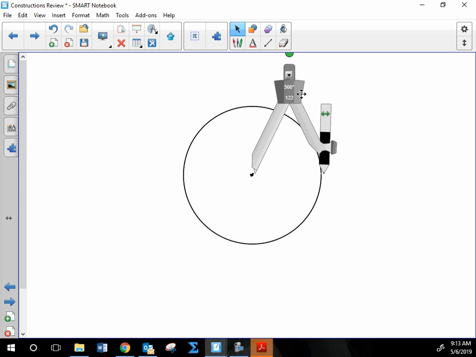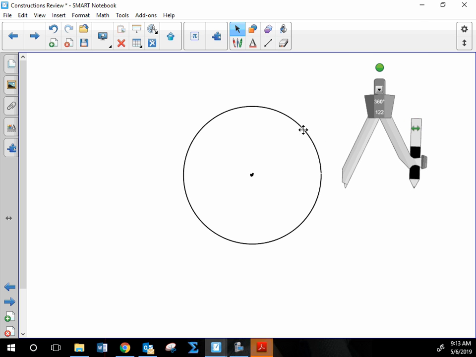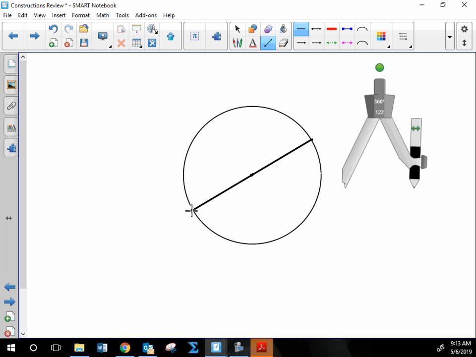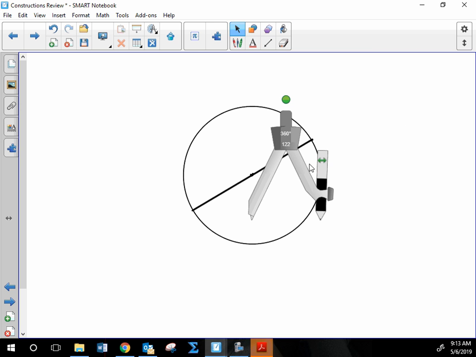Okay, so what they have us do is first put a point on the line, and then draw in your diameter using that. And our diameter has to go through the center. And then we basically just do the perpendicular bisector of this. And just to refresh over perpendicular bisector, that's what we're just doing.